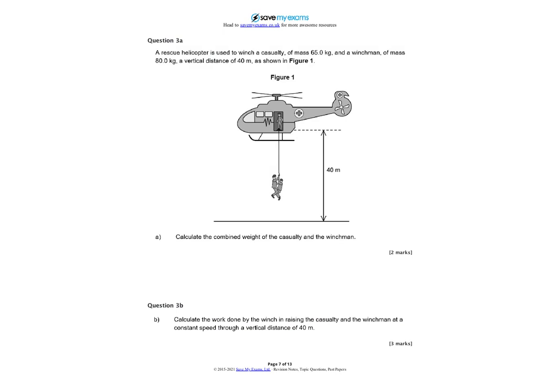Question 3A. A rescue helicopter is used to winch a casualty of mass 65 kilograms and a winchman of mass 80 kilograms a vertical distance of 40 meters as shown below. Part A, calculate the combined weight. First thing I'll do is work out the combined mass, 65 plus 80, that's 145 kilograms.